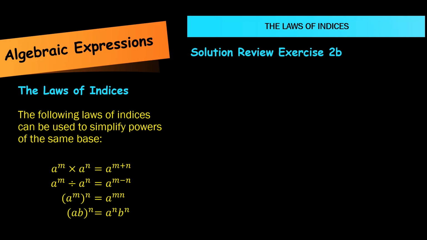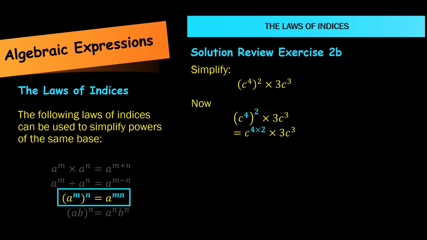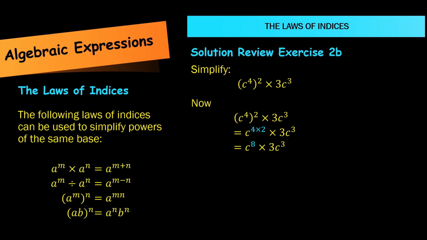And now for review exercise 2b. Simplify c to the power 4 all squared times 3c cubed. Using the highlighted law, we can replace c to the power 4 to the power 2 by c to the power 4 times 2 to give c to the power 8.